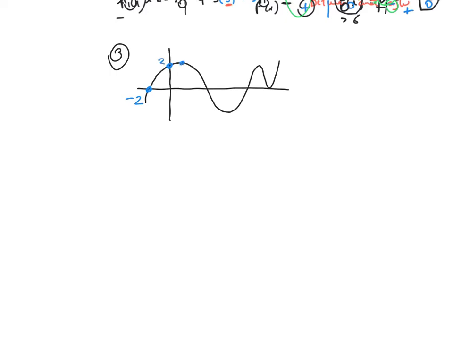I'm then going to say that that is 1, 3. That's a point 3. That's 4, minus 2. That's 5. 6, 2, and 7.